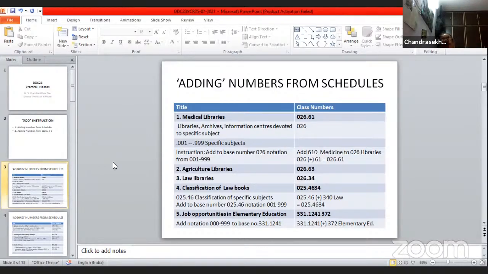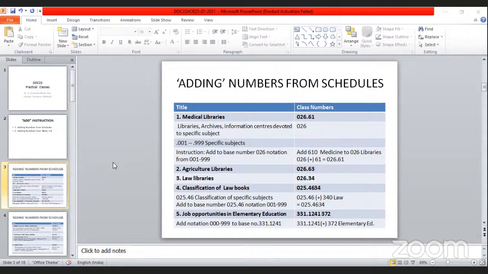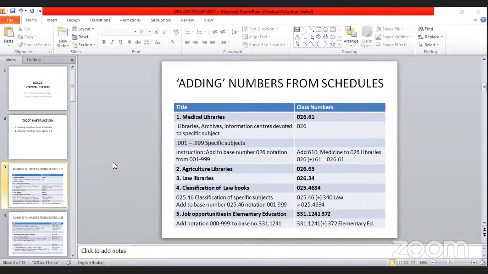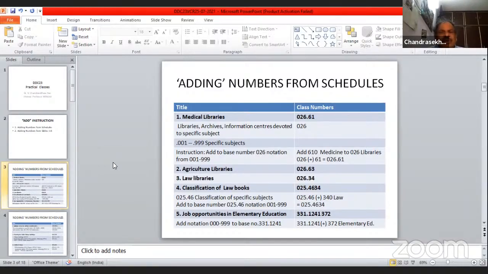What is the number for music in the schedules? 780 is music. So the 0 you have omitted, 78 you have taken: 026.78.